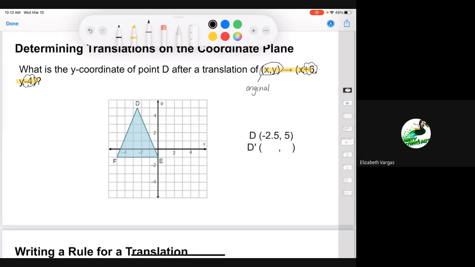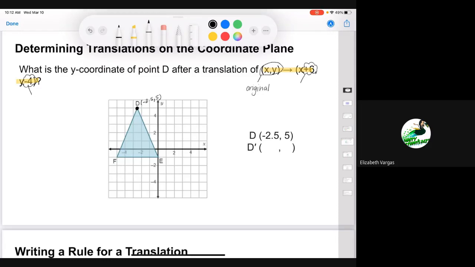So, for example, this is telling me that I'm going to add 6 units to my x and subtract 4 units from my y. So I just directly do that. It's telling me to look at vertex D. Vertex D is originally located at -2.5 and 5. Okay, that's my original location, so that is my original x, y.